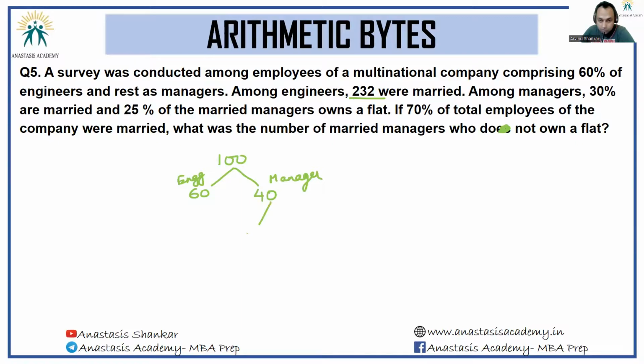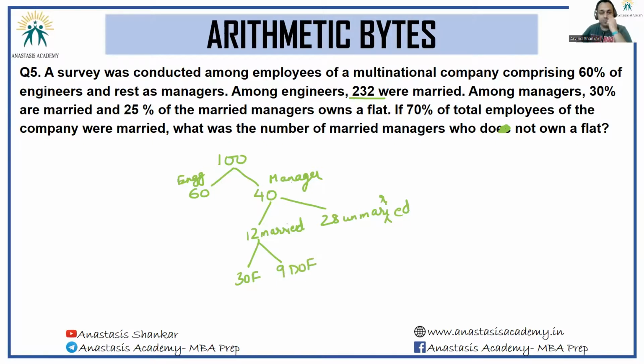So 12 married and 28 unmarried. And 25% of the married managers own a flat. So 3 own a flat and 9 do not own a flat.